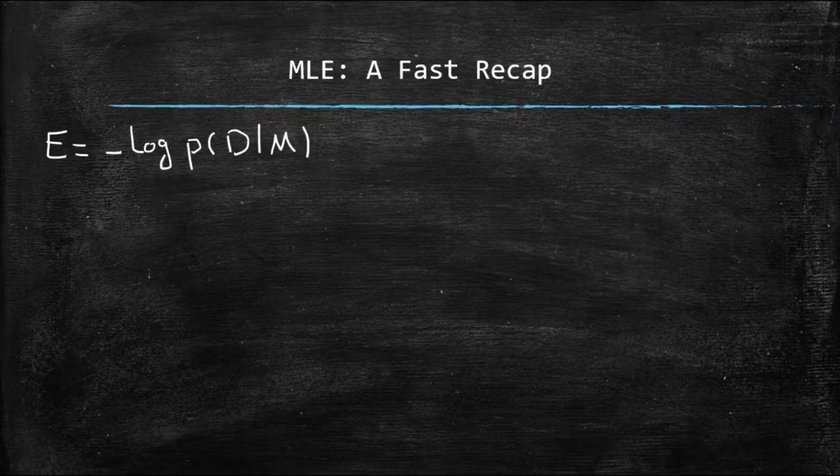So basically maximum likelihood estimation means that if I maximize this, then this whole thing will get minimized. It means that the whole error would get minimized, and the whole reason is because of this little minus here that we got.